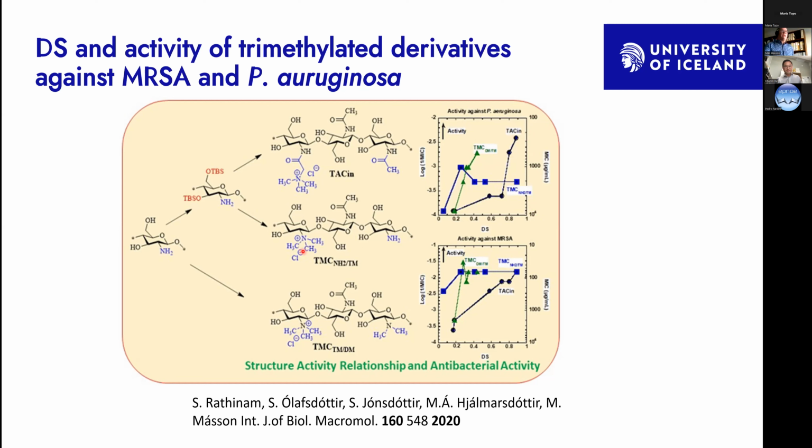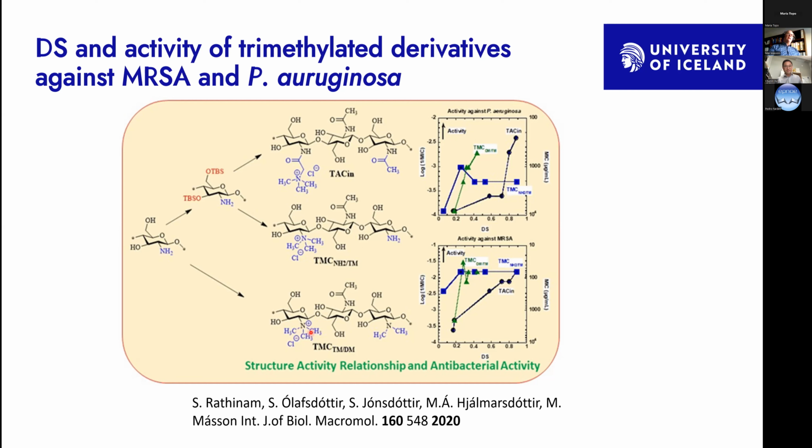However, with the 3-methylated derivative, where we have here 3 amino groups, we get an increase, and then it is a plateau after around 20–30% degree of substitution.